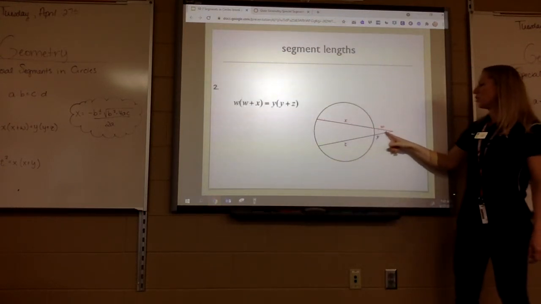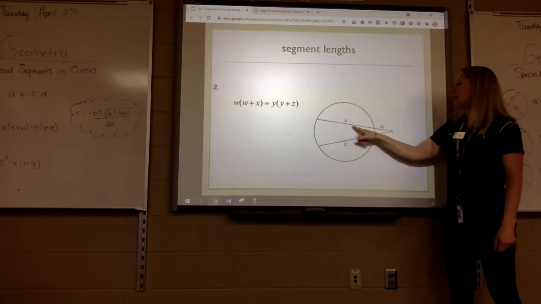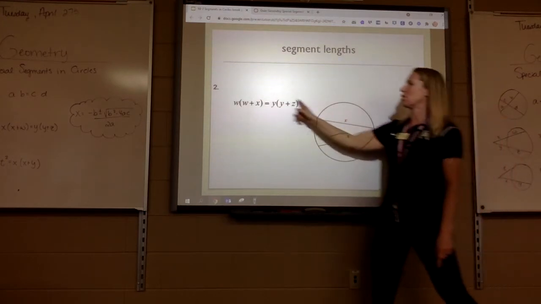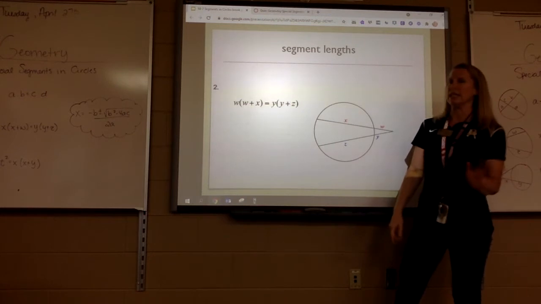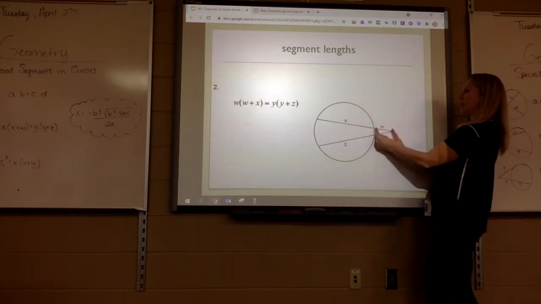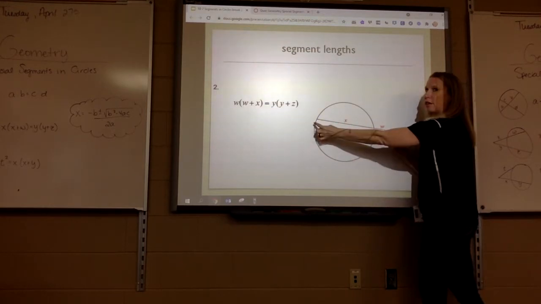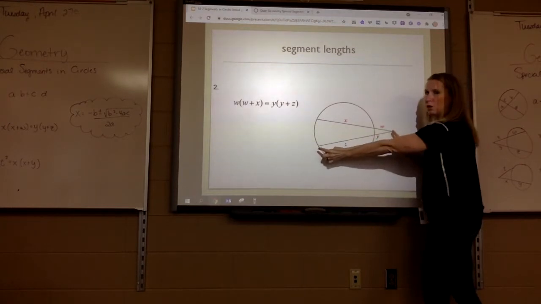Sometimes your segments go outside the circle. I guess it wouldn't be a chord anymore, but the segments go outside the circle. So look at this crazy formula that you have to know. But all it is is the outside piece W multiplied by the entire length W plus X equals the outside piece times the whole length.